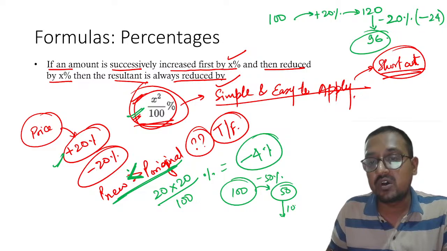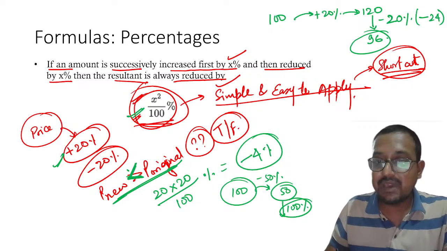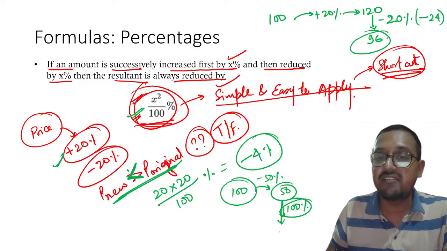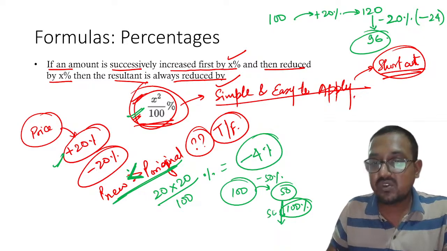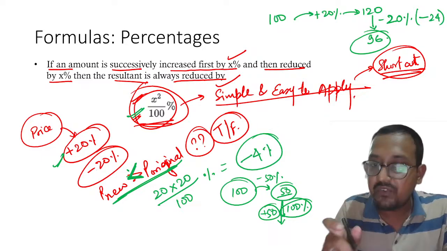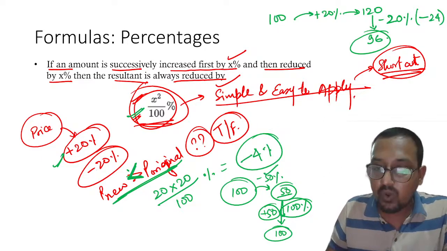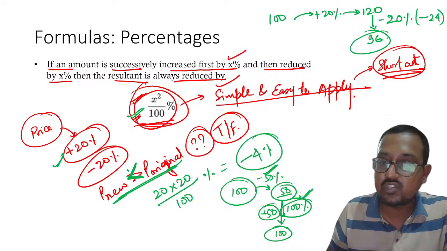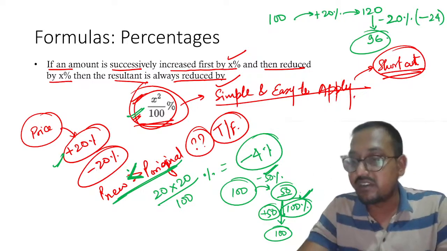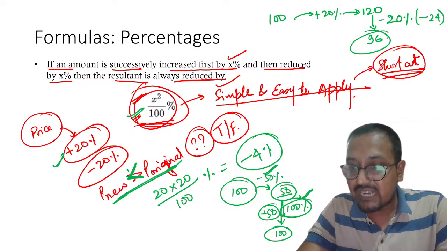So that is why in the share market they say that. Understood? Because only with the remaining 50 rupees can you again get your 100. So see, the loss is only 50%, but to make up that loss, you have to earn back 100%. Understood?